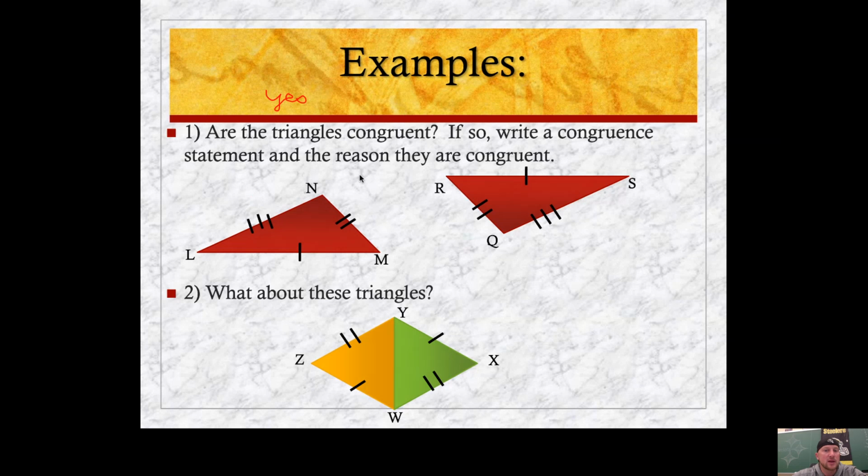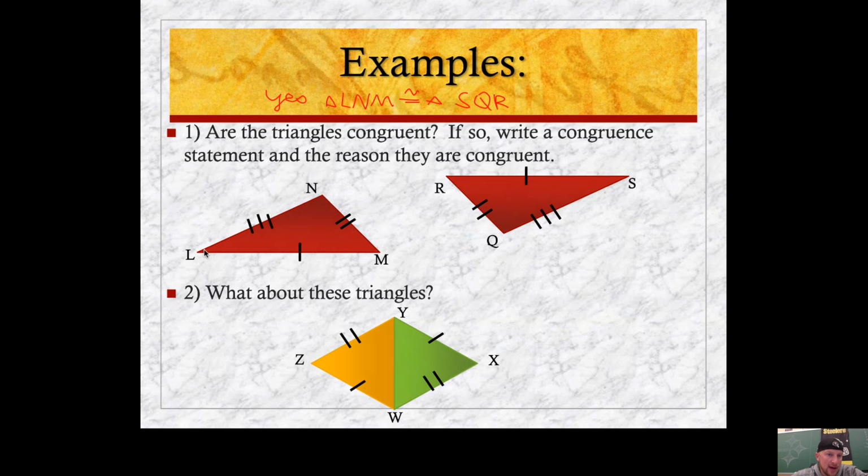If so, write a congruent statement and the reason that they're congruent. Well, I'm going to name this triangle any way I want. L, N, M. It's congruent to this triangle, S, Q, R. It's important to line up the corresponding parts.